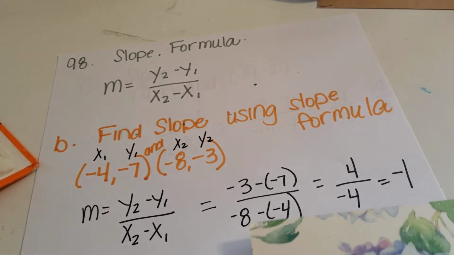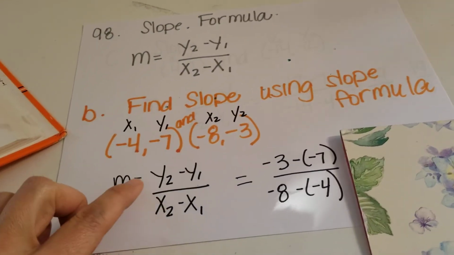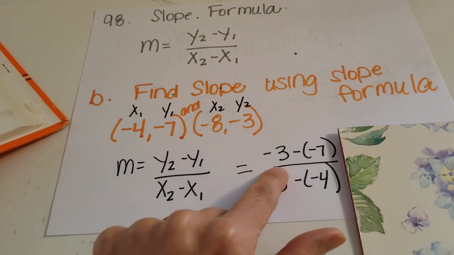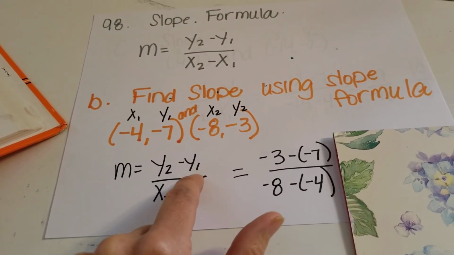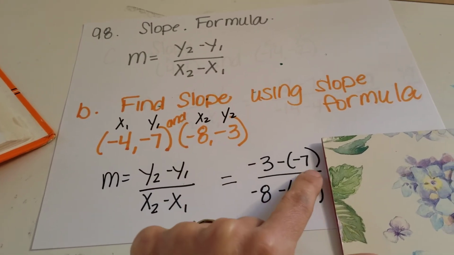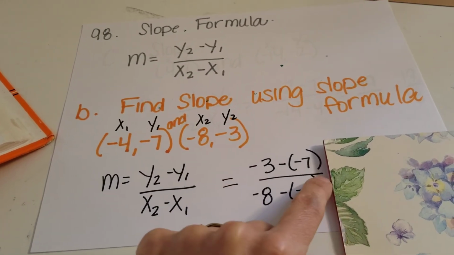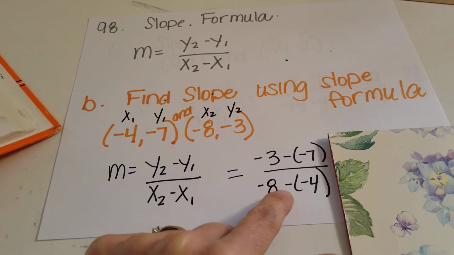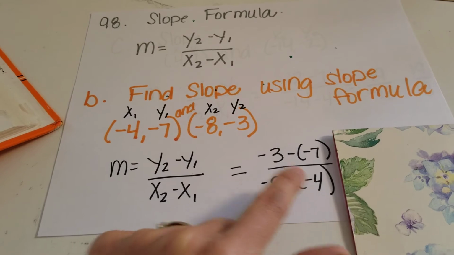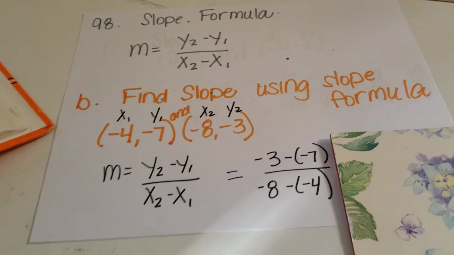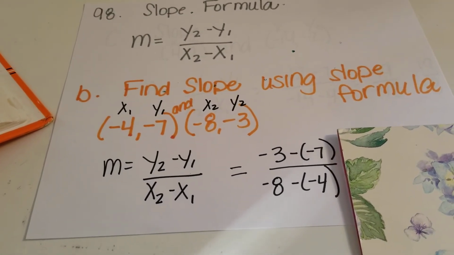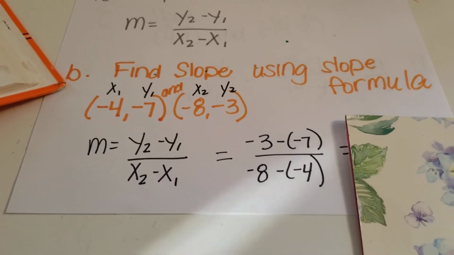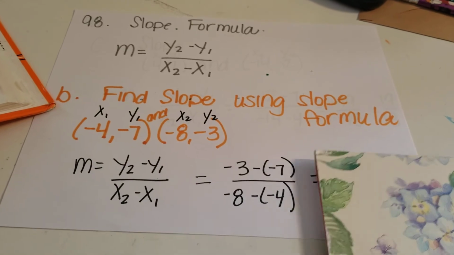I plug in my values. y2 is -3, minus y1, -7, all over x2, -8, minus x1, -4. I wrote that out exactly how you should write it. You should have everything written. Don't try to do it in your head at this point. This is stuff you don't want to mix up.